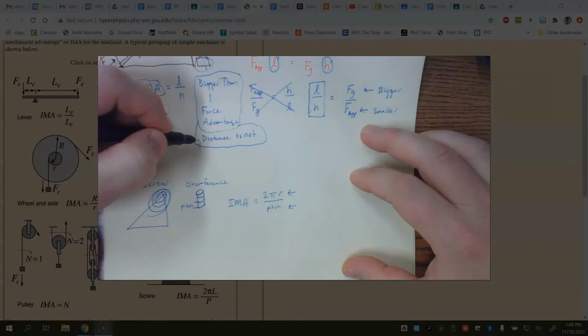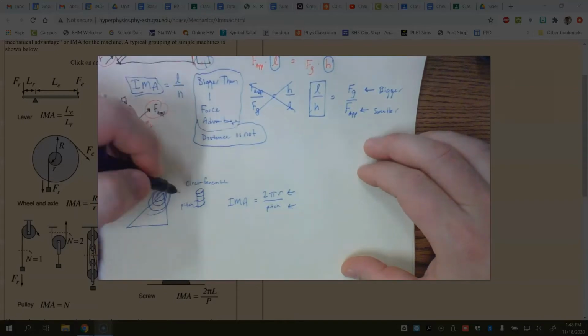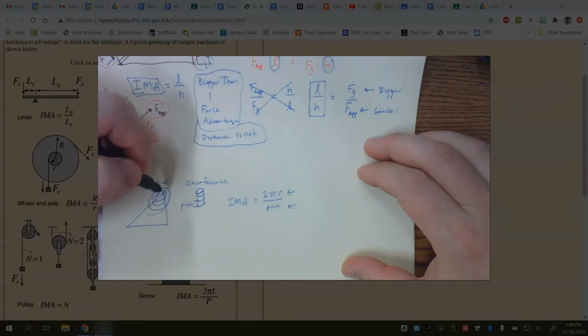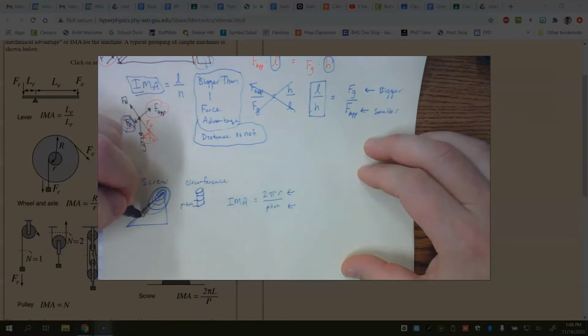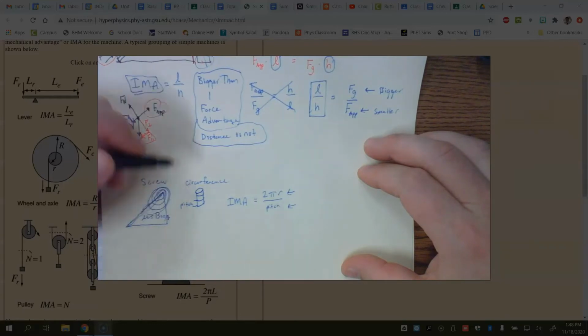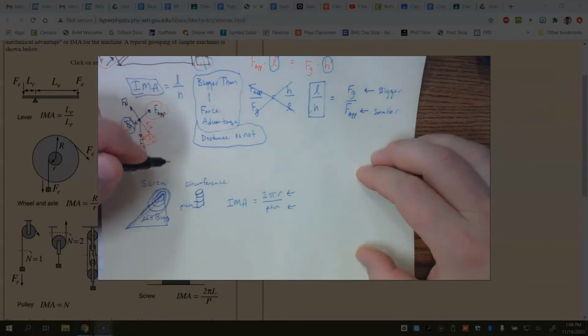Distance is not going to be at an advantage for us. So high amounts of friction involved here. And really that's something that we expect out of screws, because we don't want the screws to slide themselves back. So we're looking at increasing that friction force here. So we want mu to be a really big number so that our screw doesn't actually back itself out.